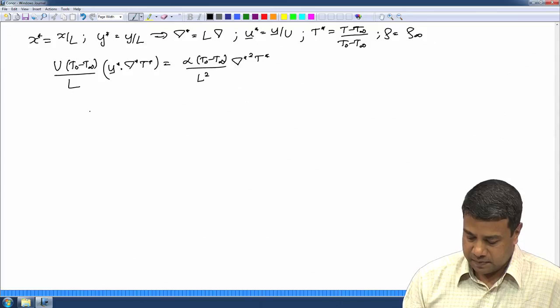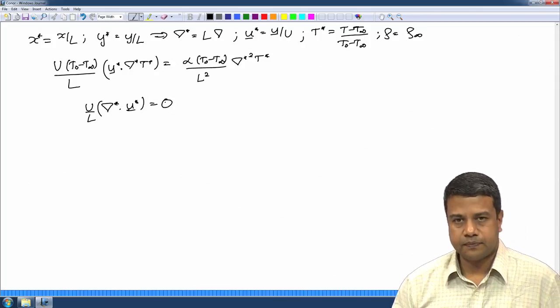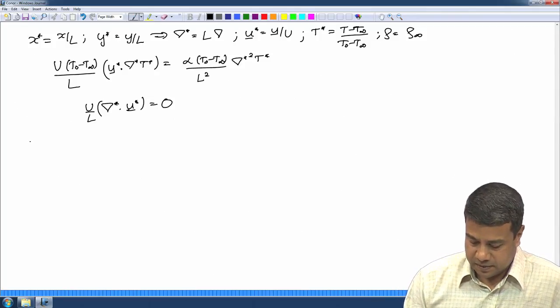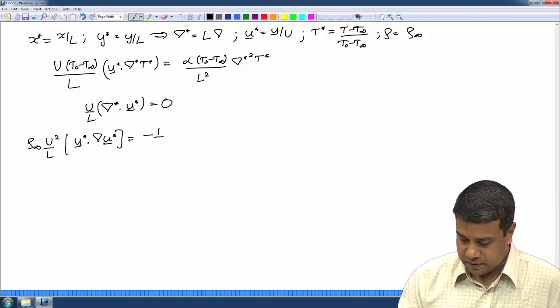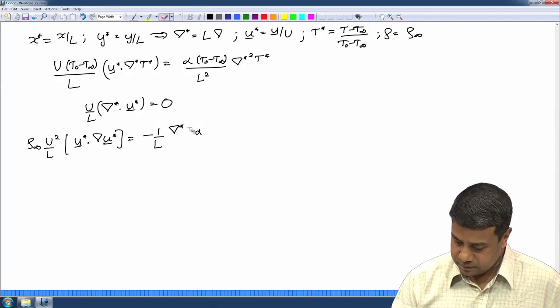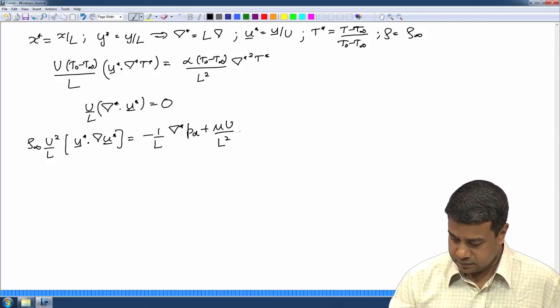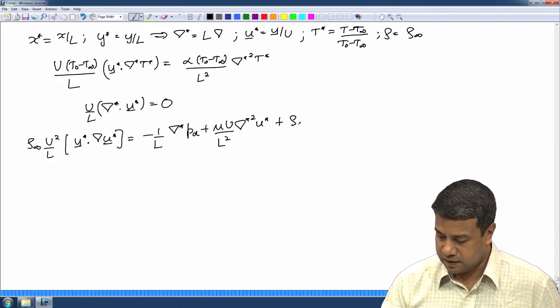The mass conservation equation basically will reduce to u by L times the divergence of u star is equal to 0, and the momentum conservation equation will be of the form rho infinity into u square by L, u star dot grad u star, minus 1 by L times the pressure gradient, plus the viscous term, plus the final term, which is rho infinity g.